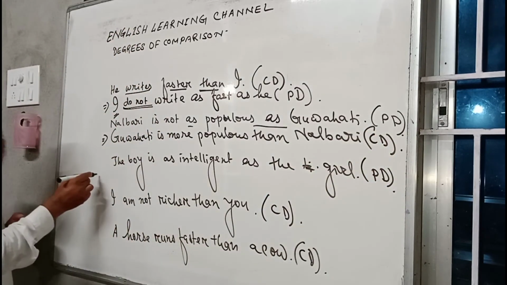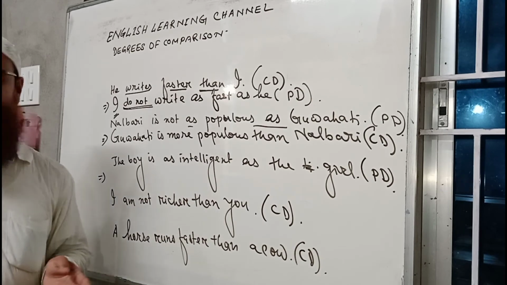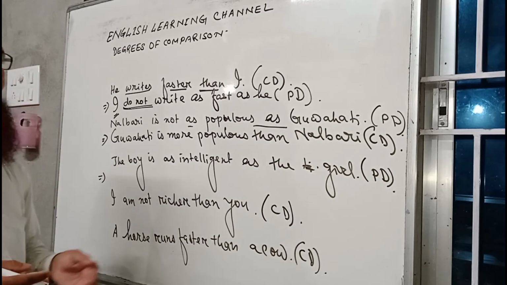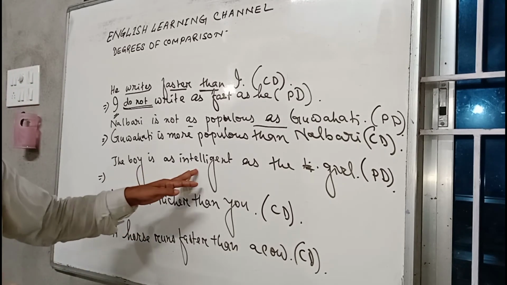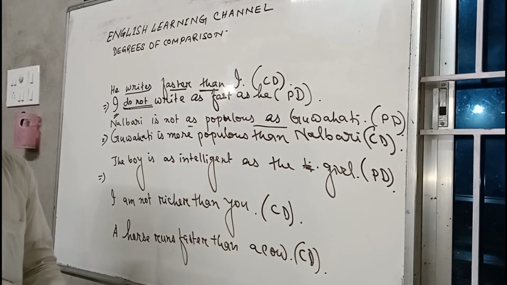Again, you can see the boy is as intelligent as the girl. That means the intelligence of the boy and the girl is the same or equal. That is why we have to make it comparative degree with the help of not, or by writing it in negative form.